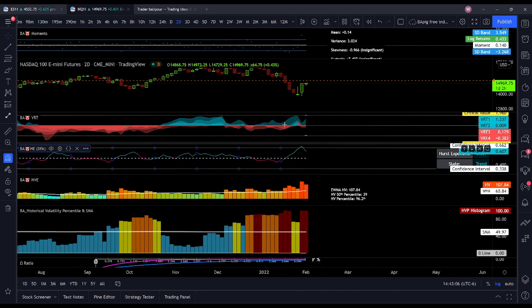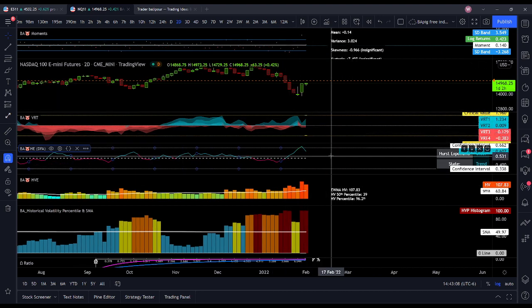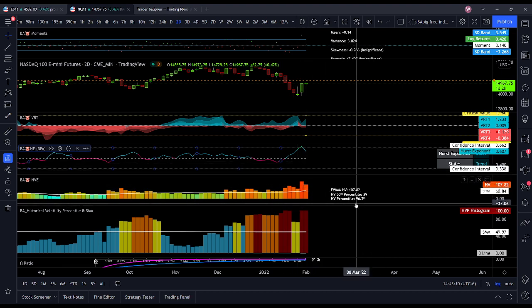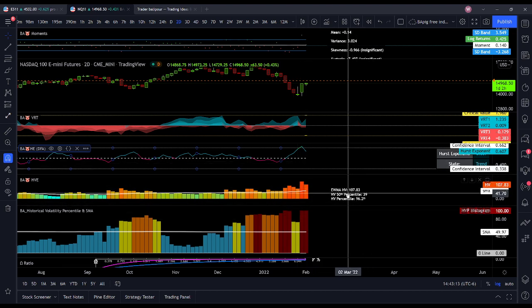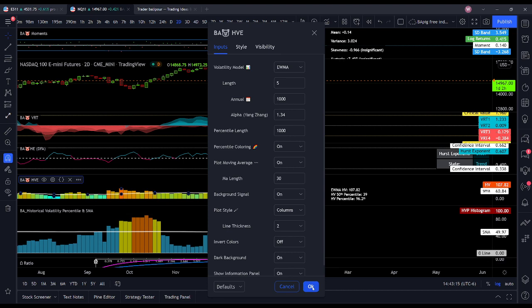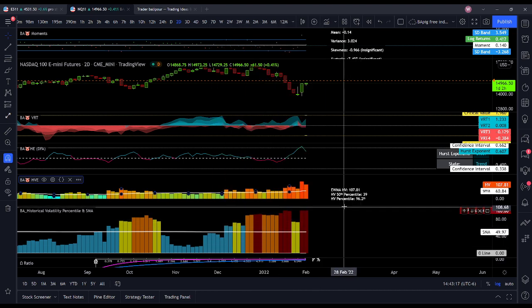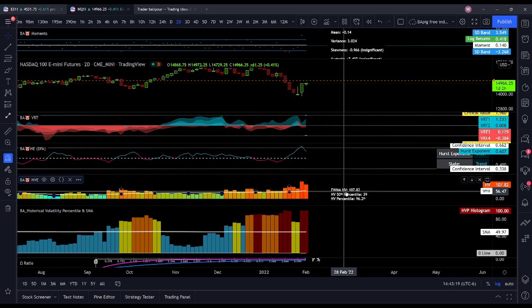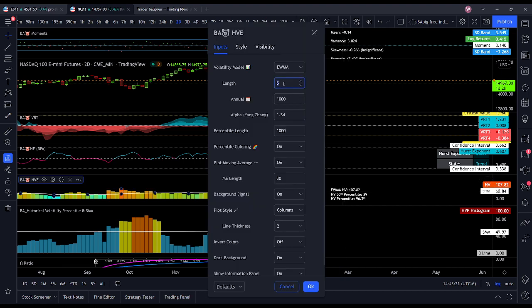Looking at the Nasdaq, we're seeing high volatility for the past 1,000 2-day candles. The volatility has been lower 96% of the time, so definitely high volatility.